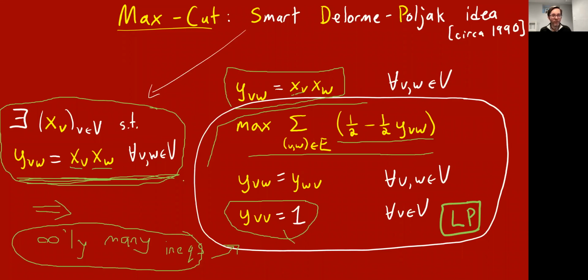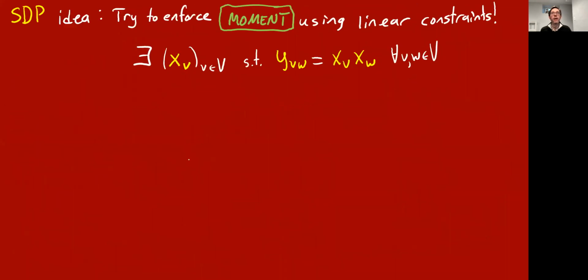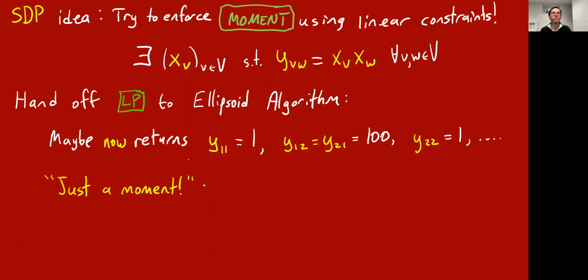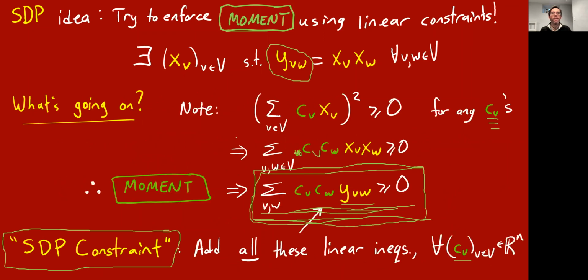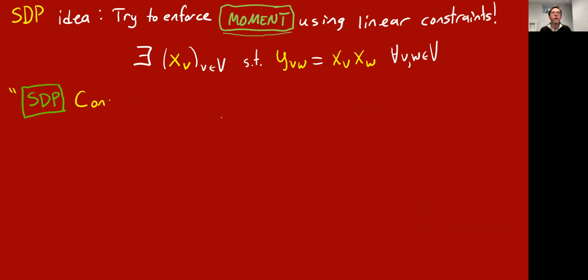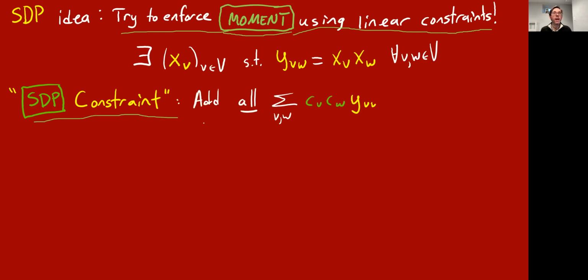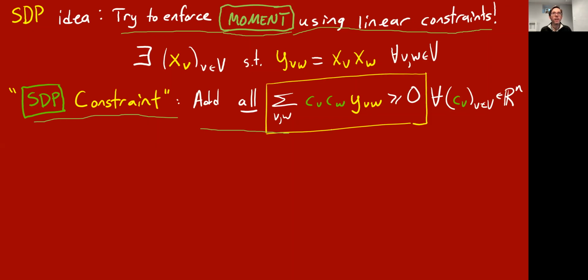Okay. So let me go back to where we were. Again, we're going to try to enforce this moment constraint, which if we could exactly capture it, would give us max cut exactly captured, with this SDP constraint, where we're going to imagine taking our base LP and adding infinitely many constraints in our minds, one for every real vector C. You get this constraint, and this constraint is implied by the moment constraints.